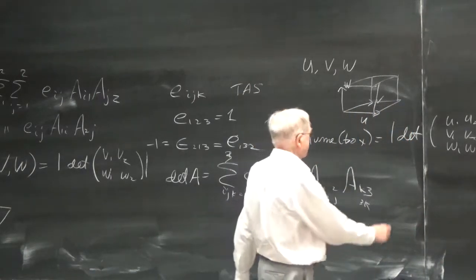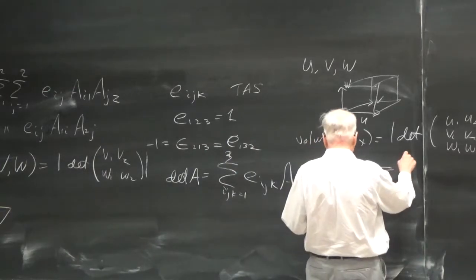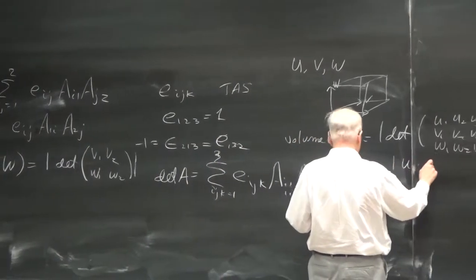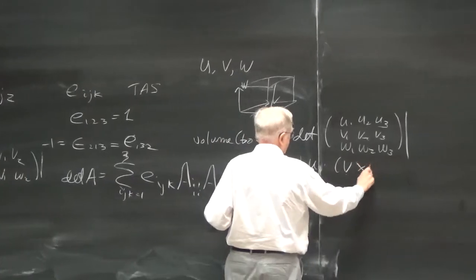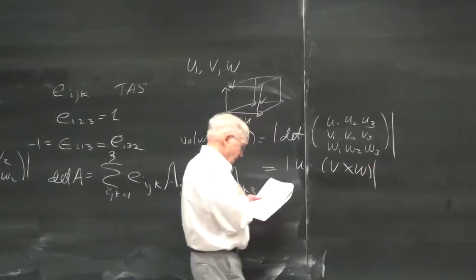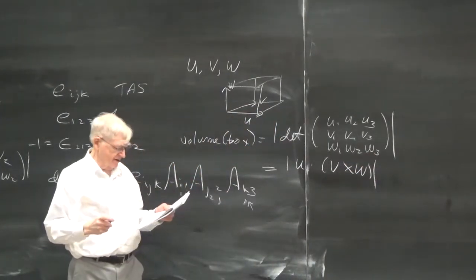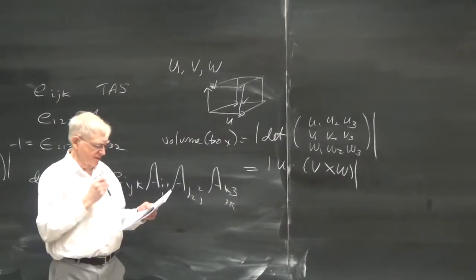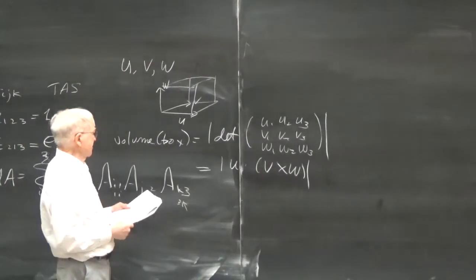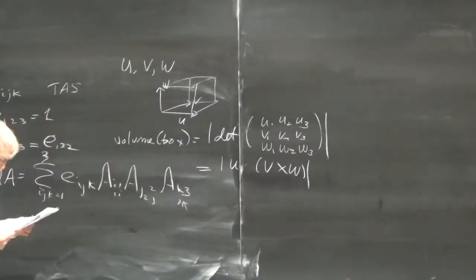It's also the absolute value of U dot V cross W. Okay, the absolute value of the determinant is the volume.